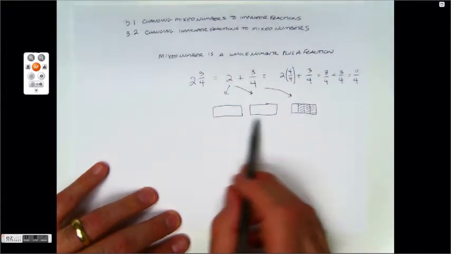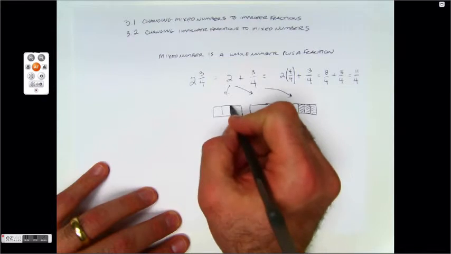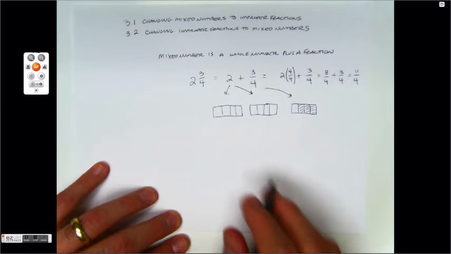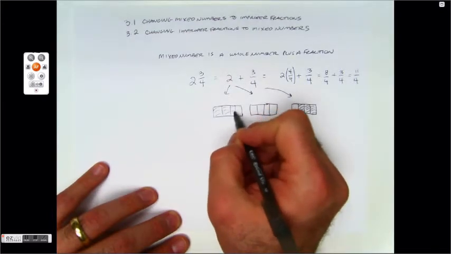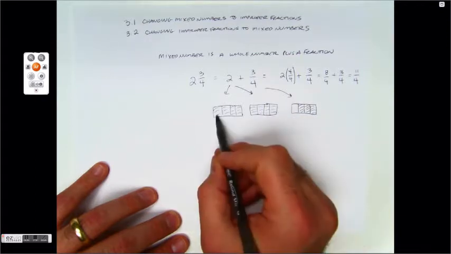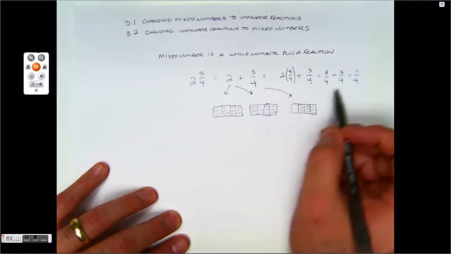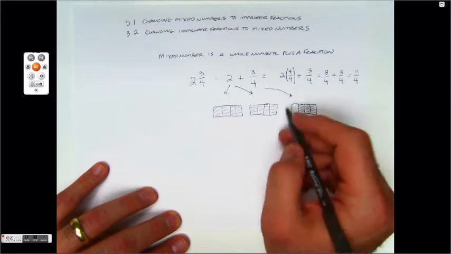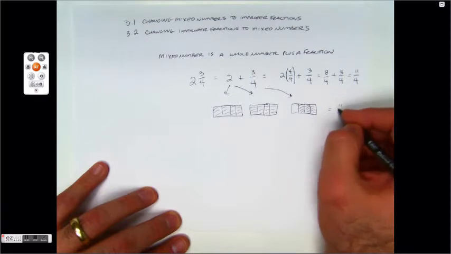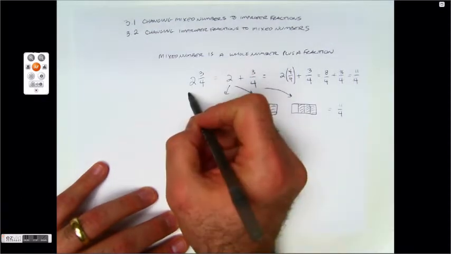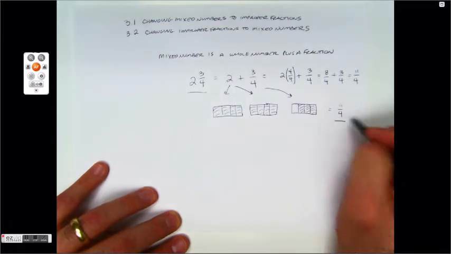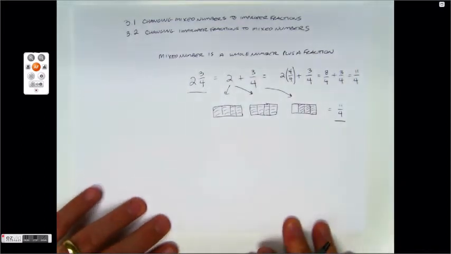Now if we want to put these into fourths, we just take these and cut these into fourths. Now what we have is the 2 whole units become 4/4 each, which now notice we have 8 of these pieces. 1, 2, 3, 4, 5, 6, 7, 8. That represents the 8/4 here. Plus the 3/4 that we have here, that's where we get our total of 11/4. So what you notice is you have a mixed number, whole number plus a fraction, and it can be changed into an improper fraction, and this is visually how it's done.